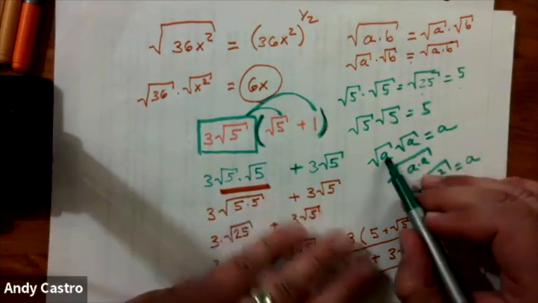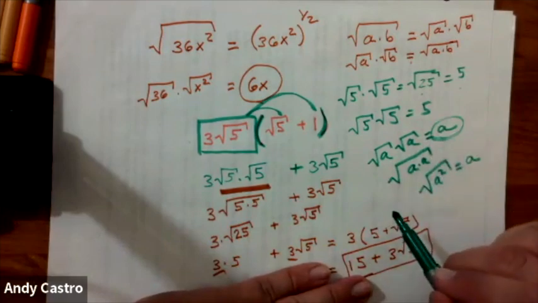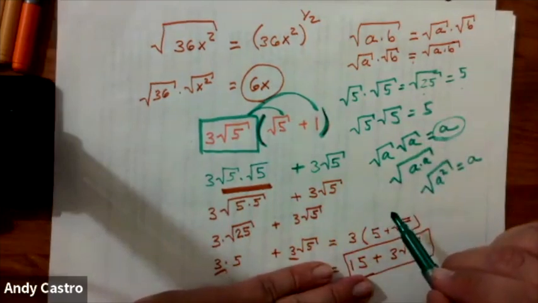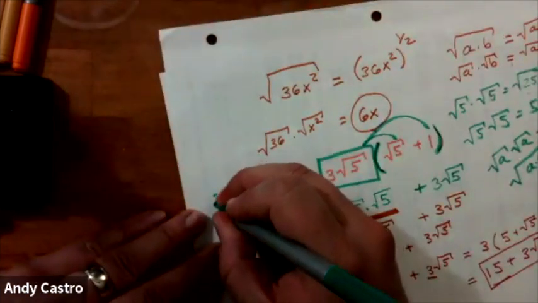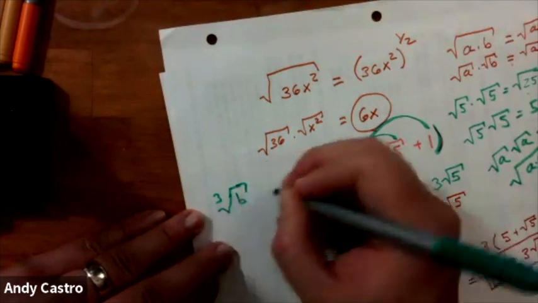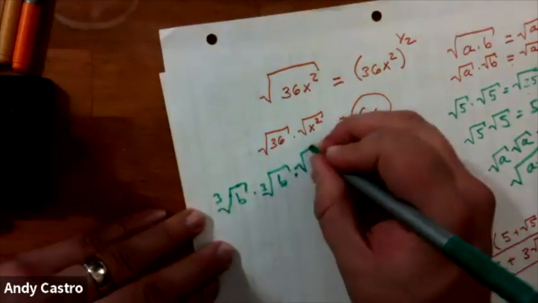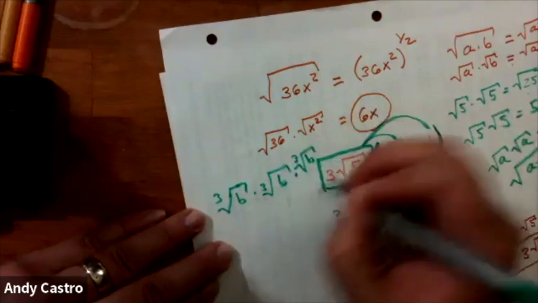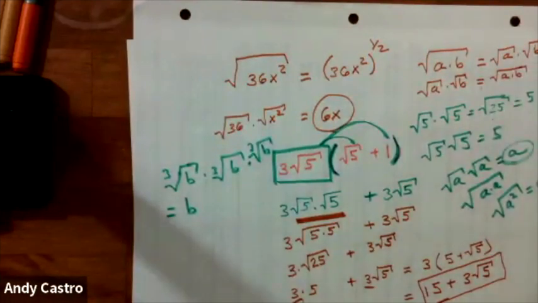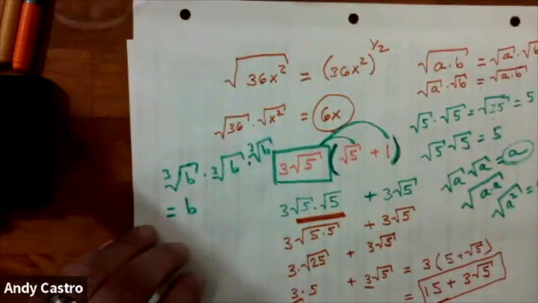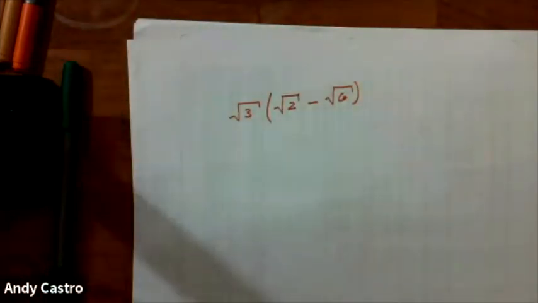So when I have the square root of a number times the square root of the same number, it returns the number. Okay? And in the case of a cubed, if you had the cubed root of a number, let's say b, times the cubed root of b, times the cubed root of b, that would equal the number b. Okay, same idea. All right. So now let's look at this problem right here, some subtraction.